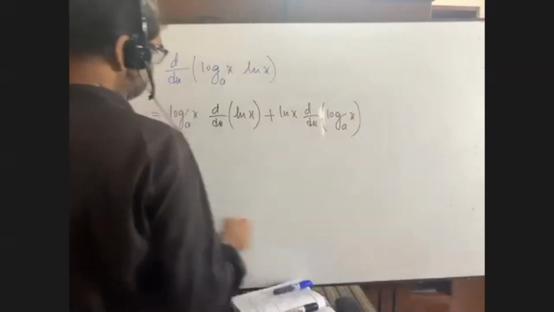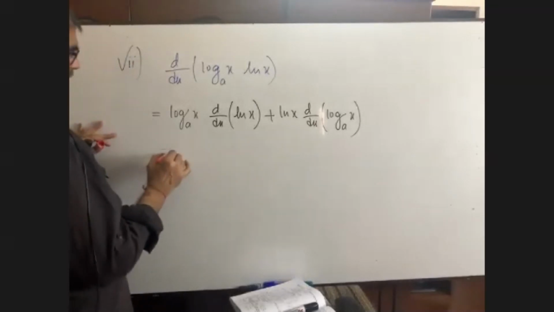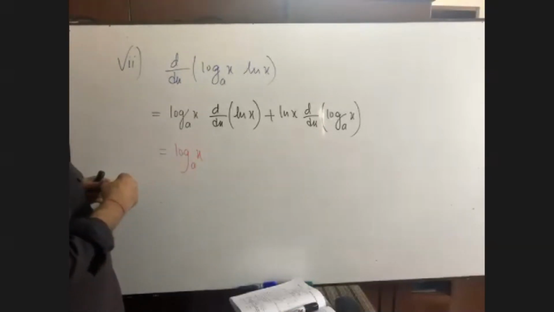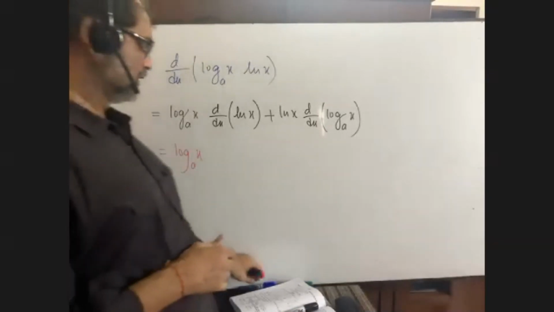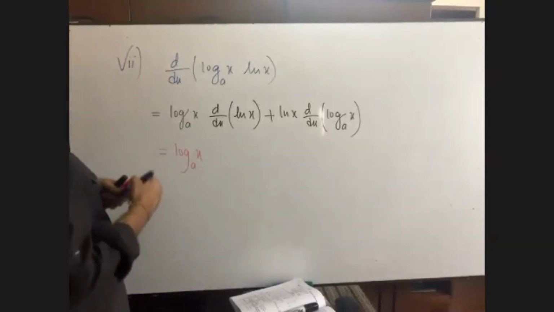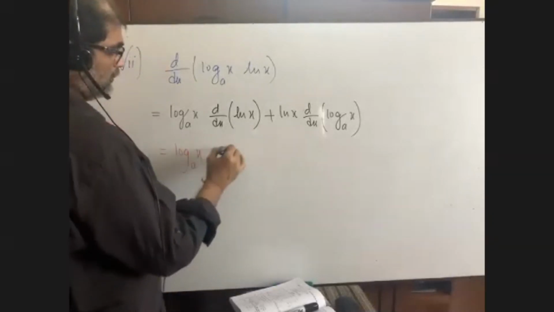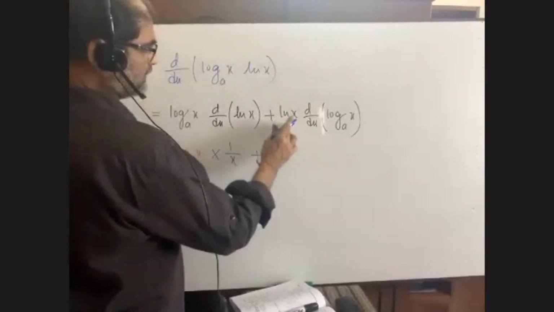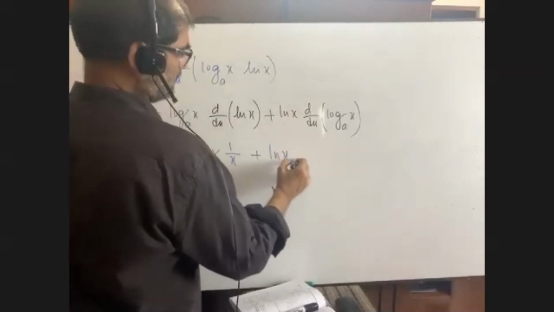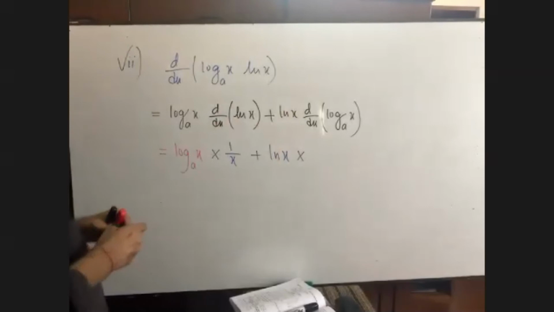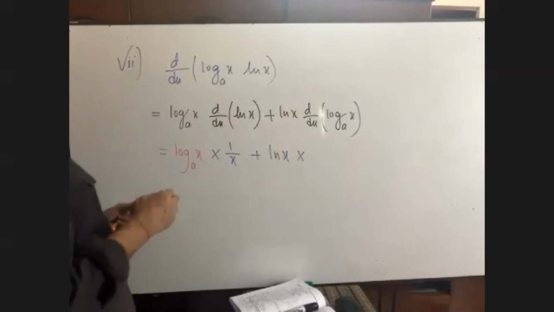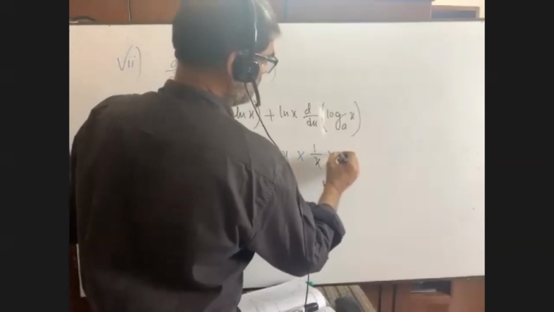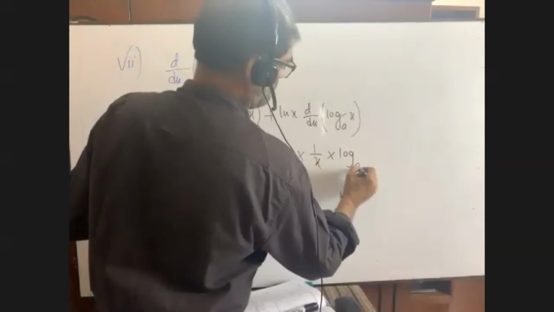Which means log a base x. Now ln x differentiates to what? 1 by x, into 1 by x. Then plus ln x into the log ax formula, 1 by ax into log a base e.